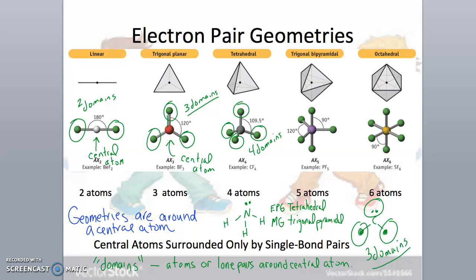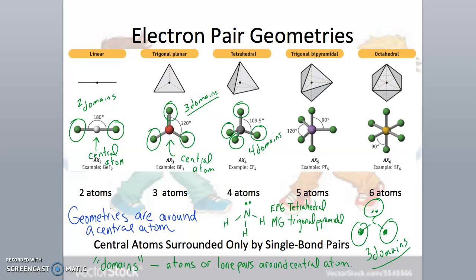If we had a central atom with 4 bonds coming off of it, the furthest apart we could get them would be 90 degrees, one to the north, one to the south, one to the west, one to the east. But when we go 3-dimensional, we get 109.5, which is further apart, more desirable according to VSEPR.